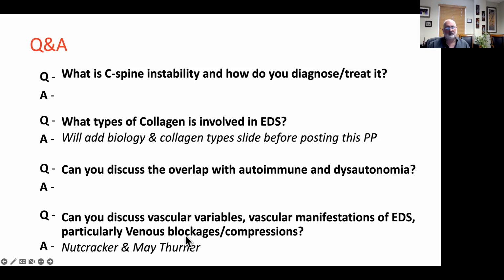Great. Can you discuss vascular variables and vascular manifestations of EDS, particularly venous blockage and compressions? So there's mainly three types of vascular compression variables when you have EDS.